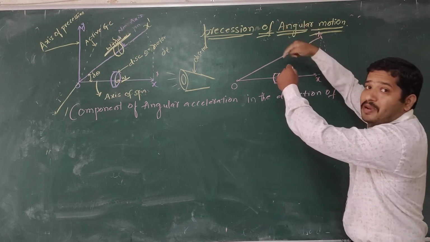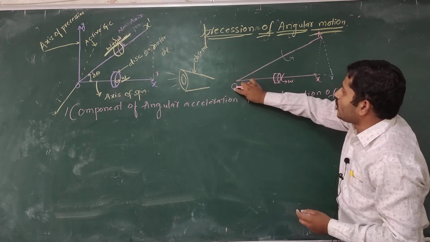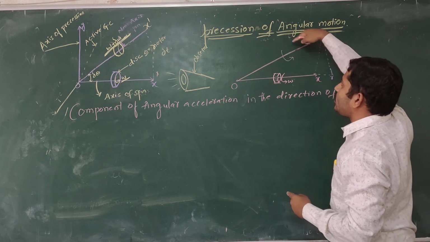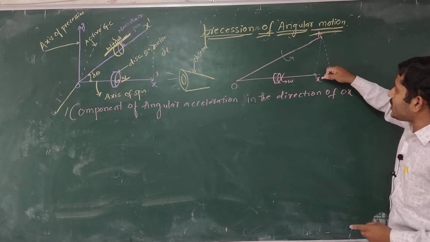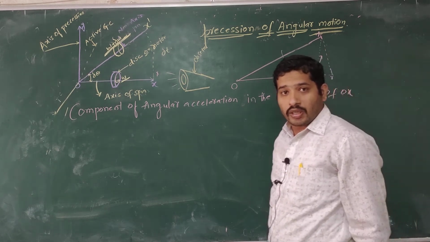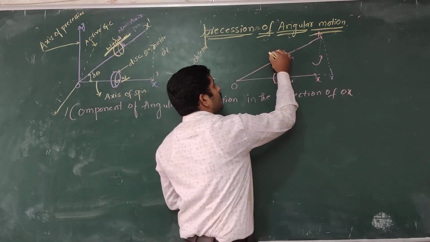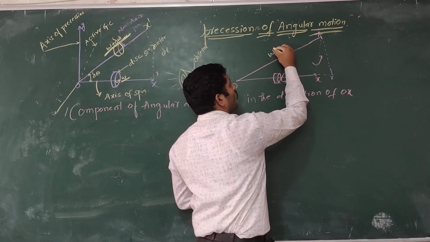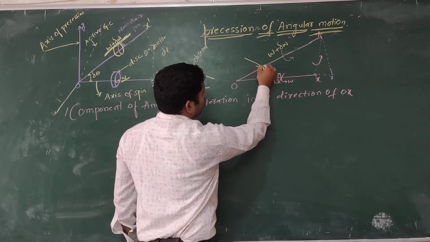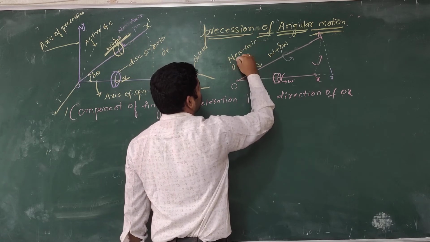It rotates in the same direction only. Is it right? This disk on the new axis of spin again rotates in which direction? In the anti-clockwise direction. What about this x to x dash? Again it will rotate in the anti-clockwise direction. Is it right? Then here we can say the new axis of spin is omega plus delta omega.